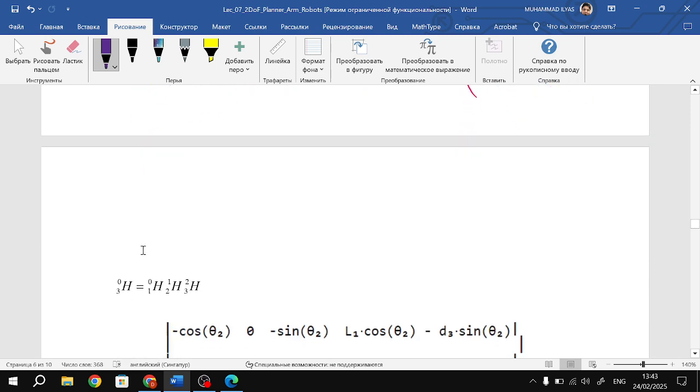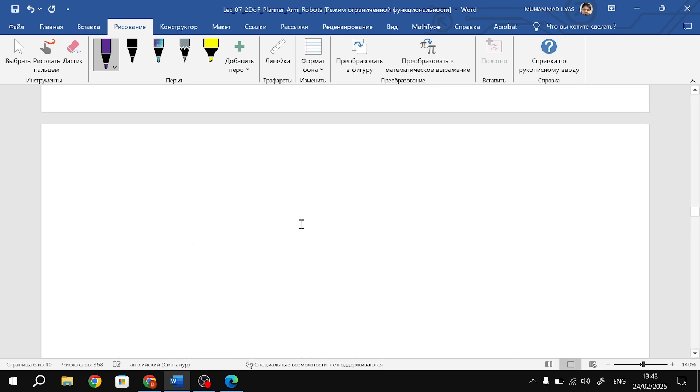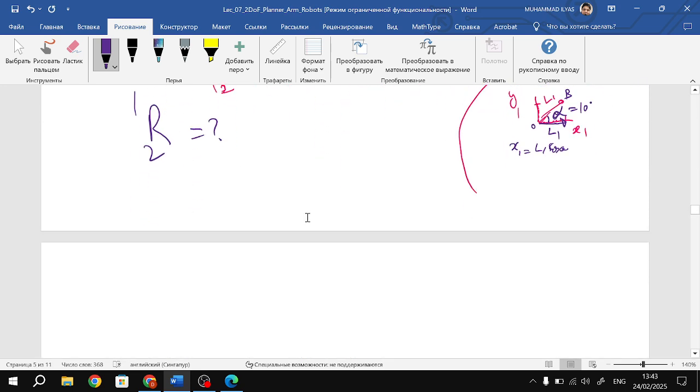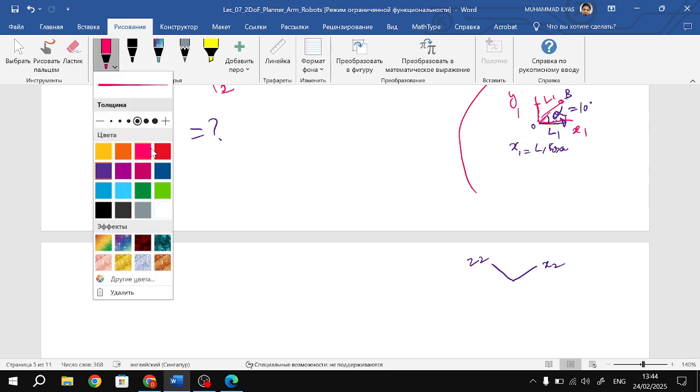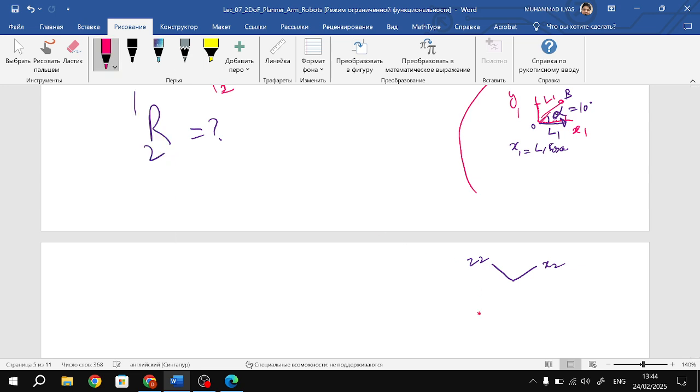First I go down. About the rotation matrix: if you have 2 frames like this, let me talk about x2, z2, and the other frame is at some angle.